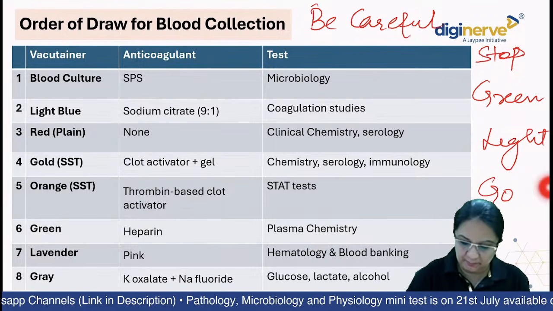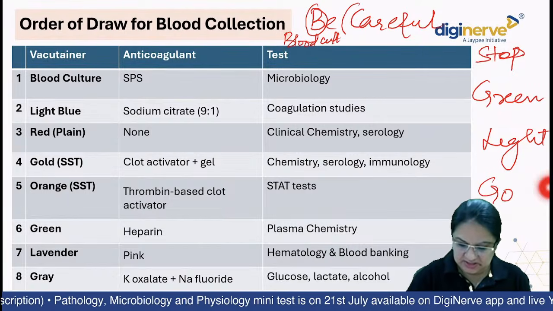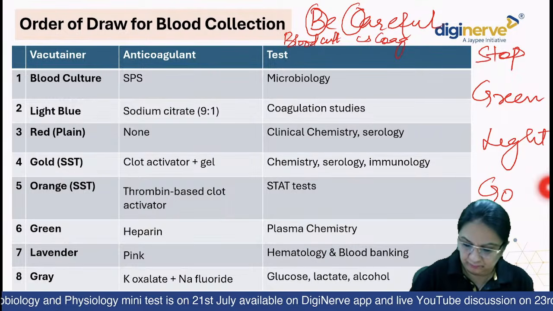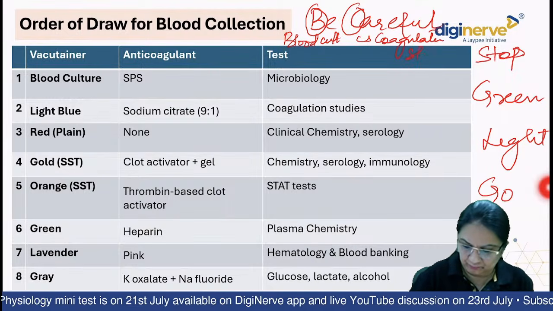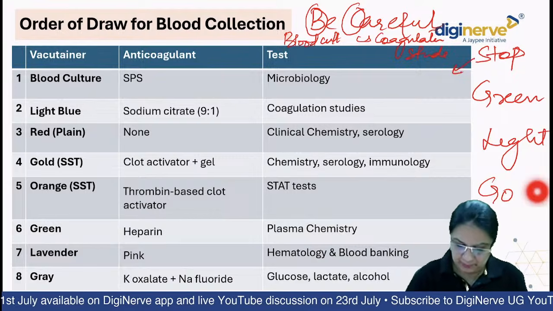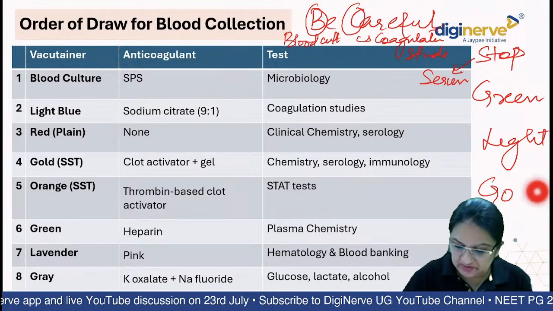So B is blood culture. C is coagulation studies. Stop means red. Stop means serum. What are the serum tubes we know about?